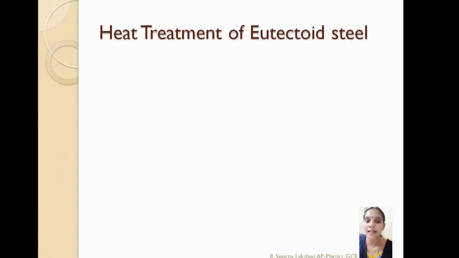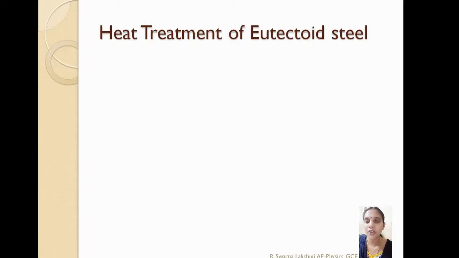Let us analyze the heat treatment of eutectoid steel. You know that eutectoid steel is 0.8 weight % carbon steel, and we have seen that the eutectoid reaction in a phase diagram gives rise to pearlite. Pearlite is a lamellar structure of alternate plates of alpha ferrite and cementite.